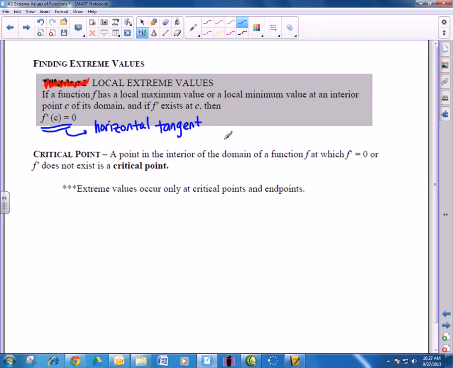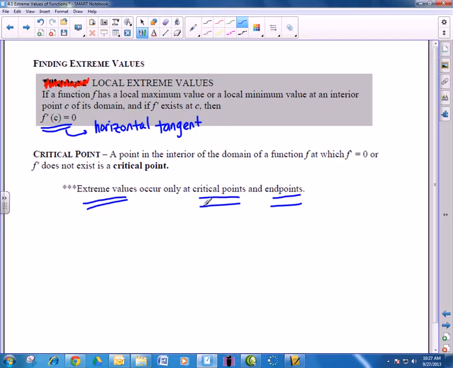Now, critical points don't only occur where the derivative is 0, because critical points can also be your endpoints. So right down here, extreme values occur at critical points and endpoints. I guess you wouldn't call a critical point an endpoint, because an endpoint's not critical in that it doesn't have a horizontal tangent there.